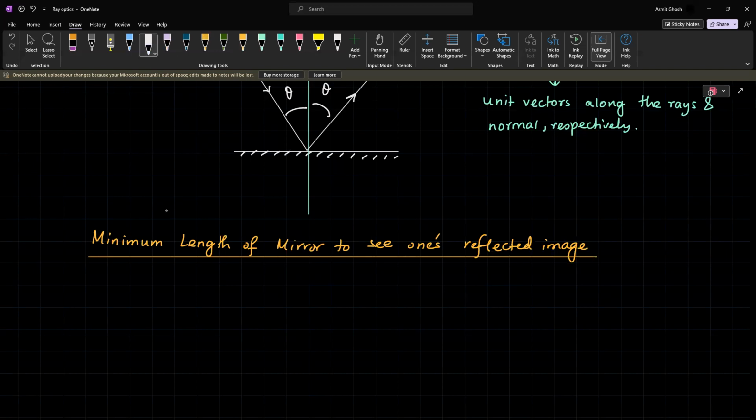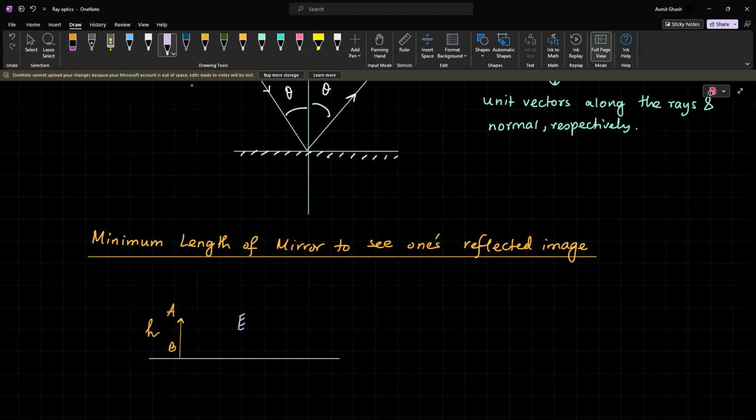Let us say we have the ground over here. Okay, and there is a man standing like this. Height is considered to be AB, or you can just put it as H. And let us say that there is a mirror over here. What should be the minimum length of the mirror so that this man who has a height of H can see his entire image?